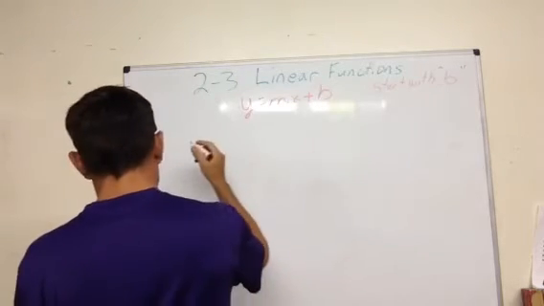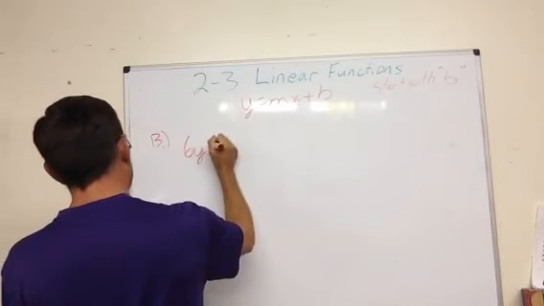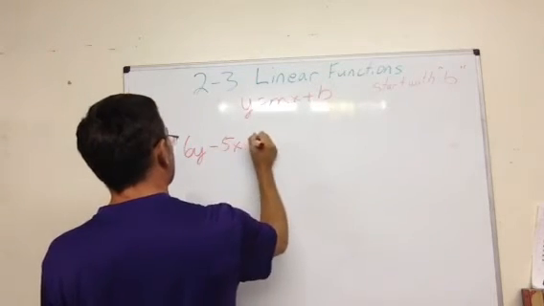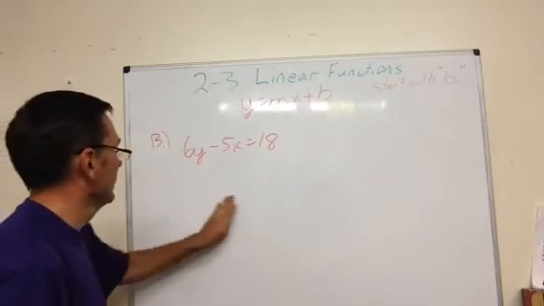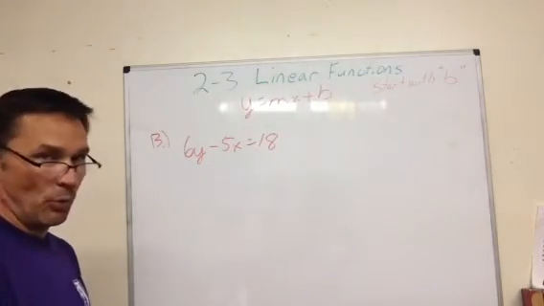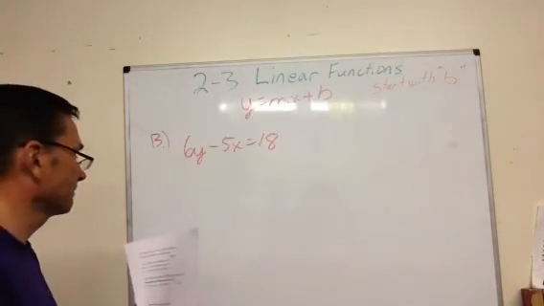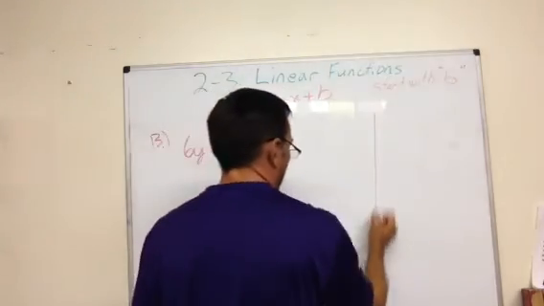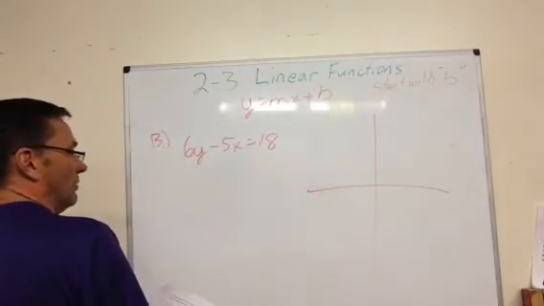So, problem B. 6y minus 5x equals 18. At this point, you can stop the video and try solving this yourself, and then come back. So I want to get the y's by themselves.